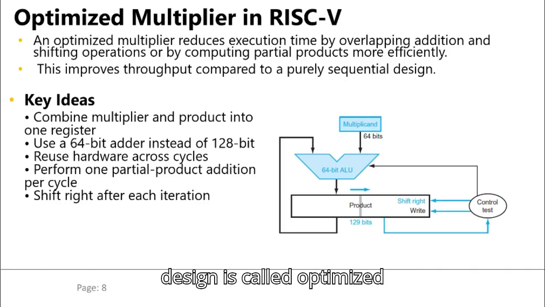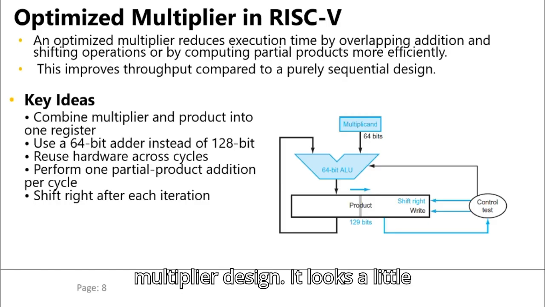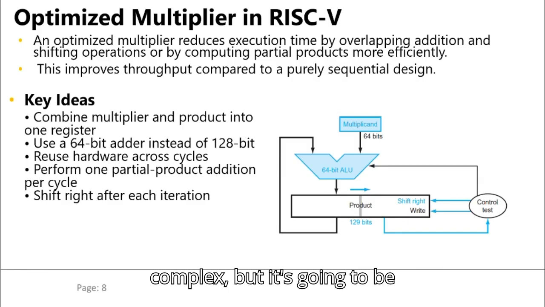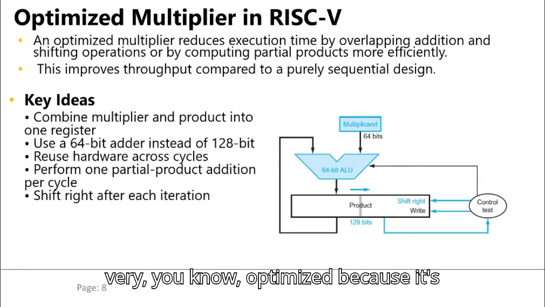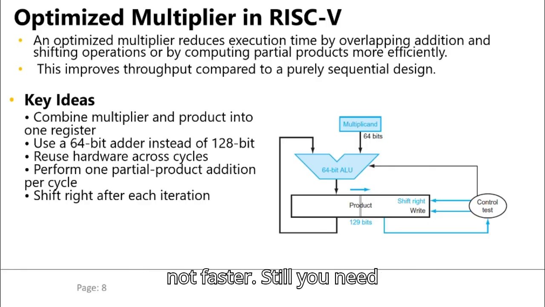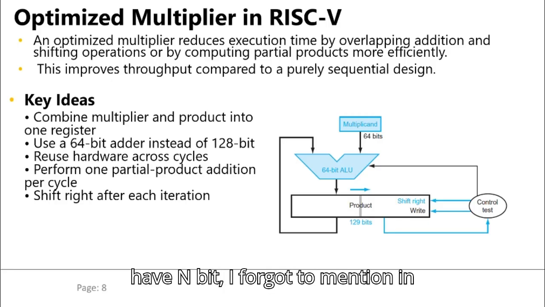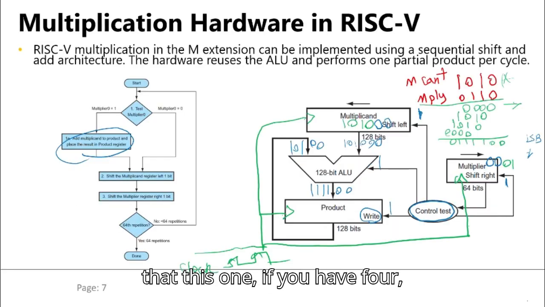This design is called the optimized multiplier design. It looks a little complex, but it's very optimized, although it's not faster. Still, you need n cycles.